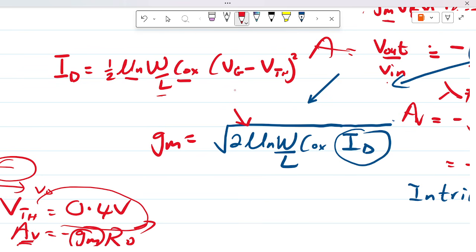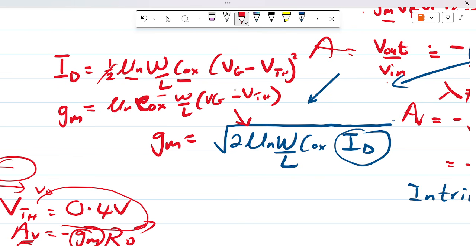and to get the transconductance, we differentiate this. So we have mu n Cox, now I'm writing it first, W over L, VG minus VTH as GM. Okay, so how do we arrive at this equation? By making this guy the subject and putting it inside this guy.